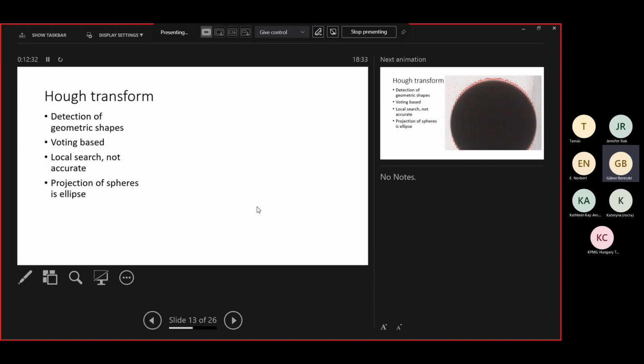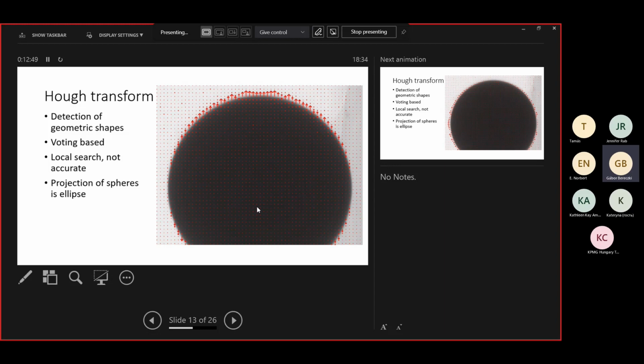Image gradients show the dominant change in the neighborhood of a particular pixel. How we calculate it: for each pixel we subtract the upper one and the lower one, which gives the vertical gradient, and we also subtract the left one and the right one. So we get a full gradient for each pixel.